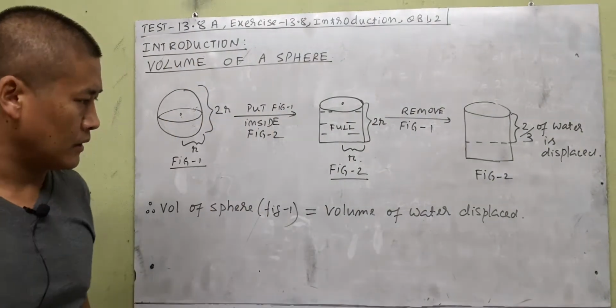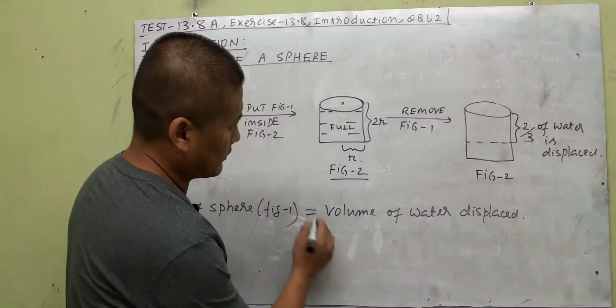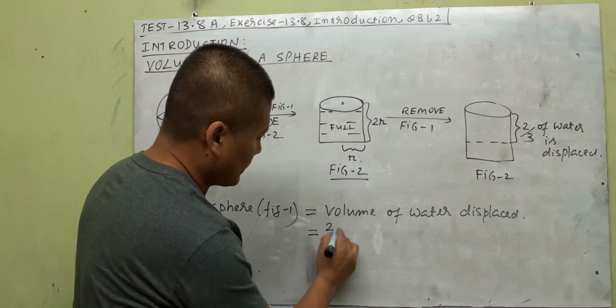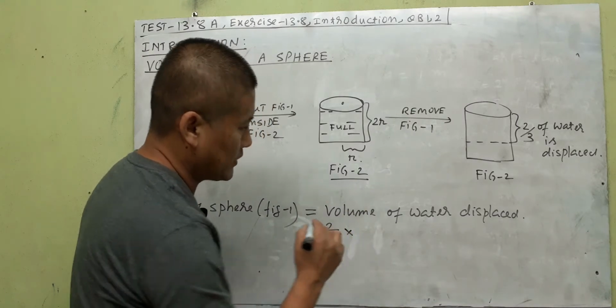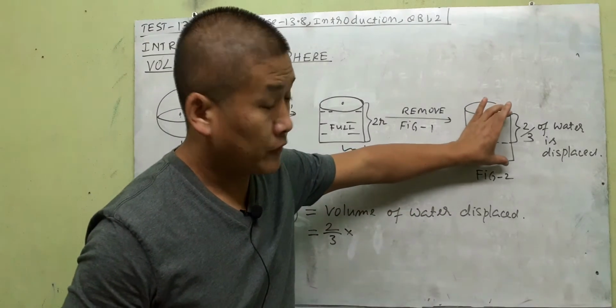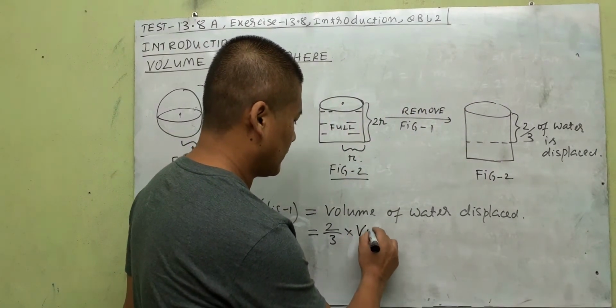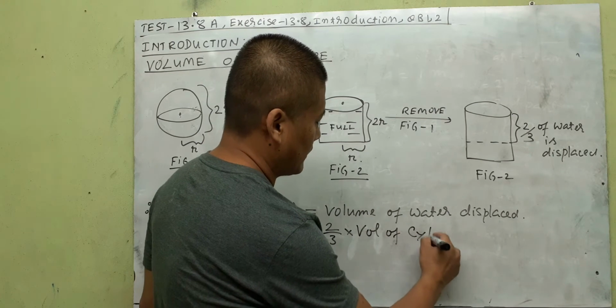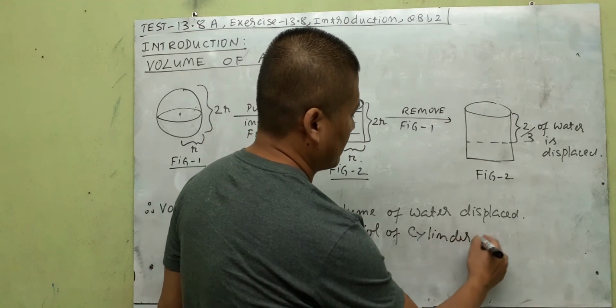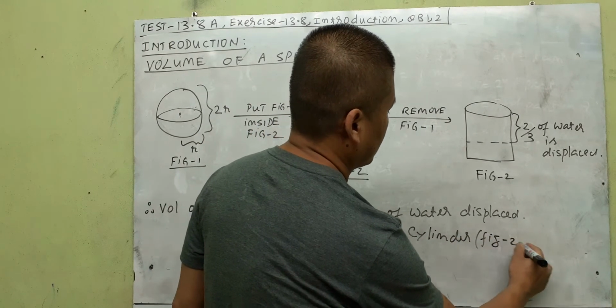That's what it means. So it is equal to, as you see in the figure, 2/3 into the total volume of water, which was full, means the volume of the cylinder, which is in figure 2.